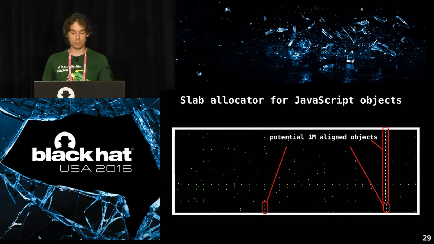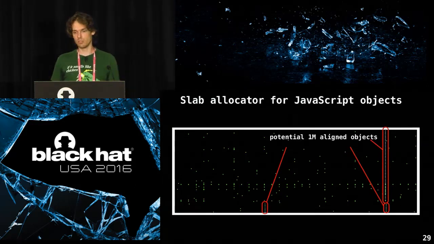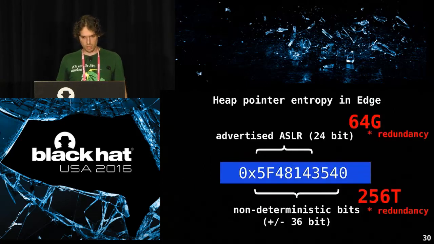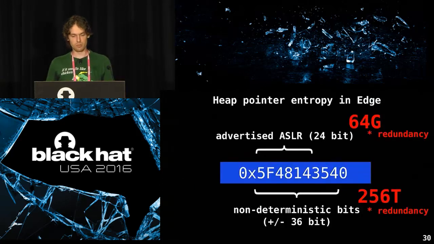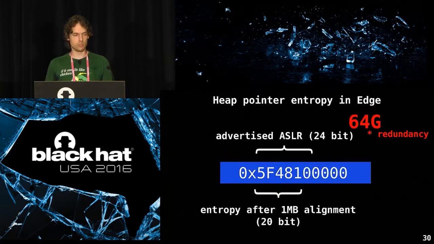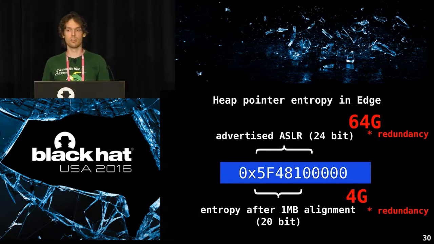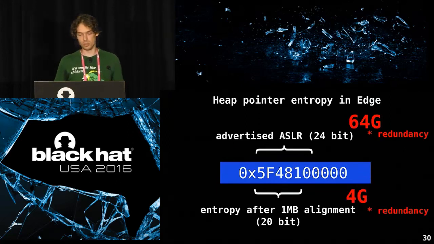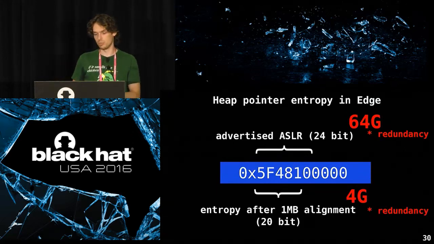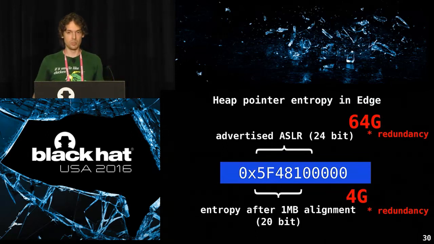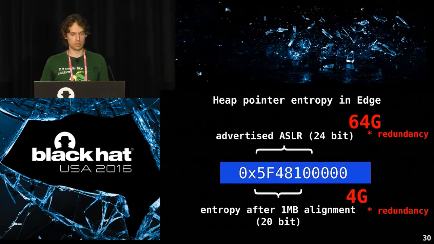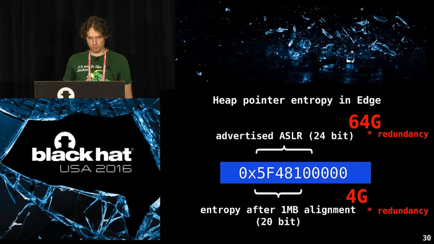We don't know why this happens, but we just include it in our list of potentially 1 megabyte aligned objects, and for us that's no problem in our attack. So what we have now is we have reduced the entropy to 20 bits. That would mean 4 gigabytes of memory, which is still too much, 4 gigabytes times the redundancy we want. So we need to find another solution to this.